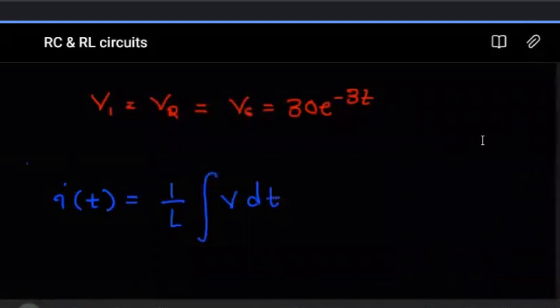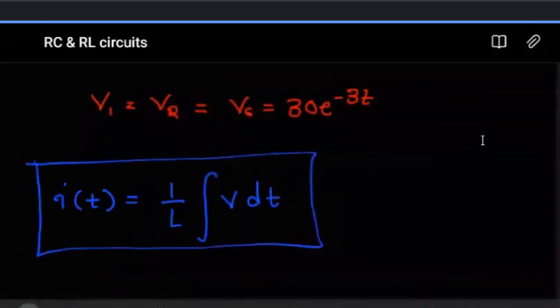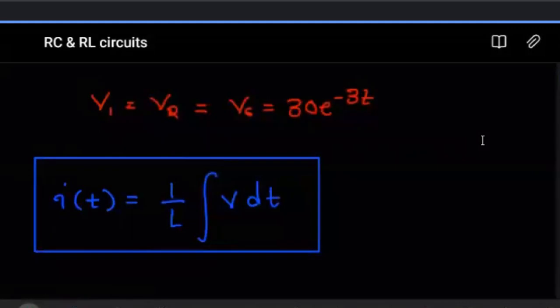Do you remember this equation? We looked at this when we introduced the inductors as well. We derived a number of equations, and this was among them.